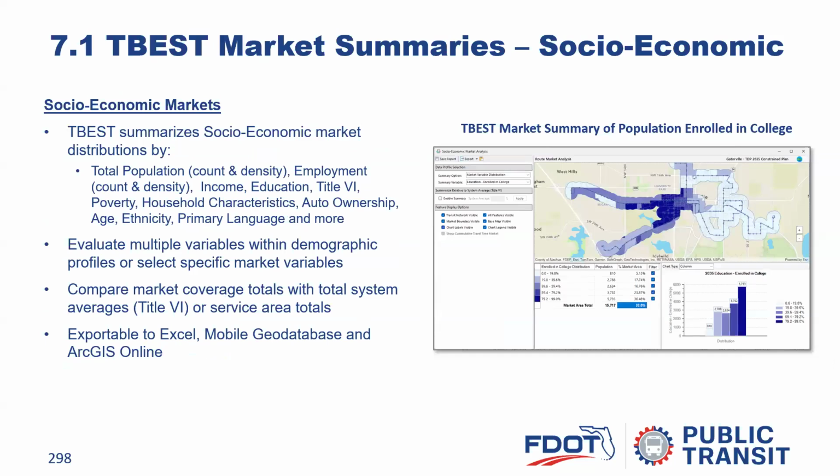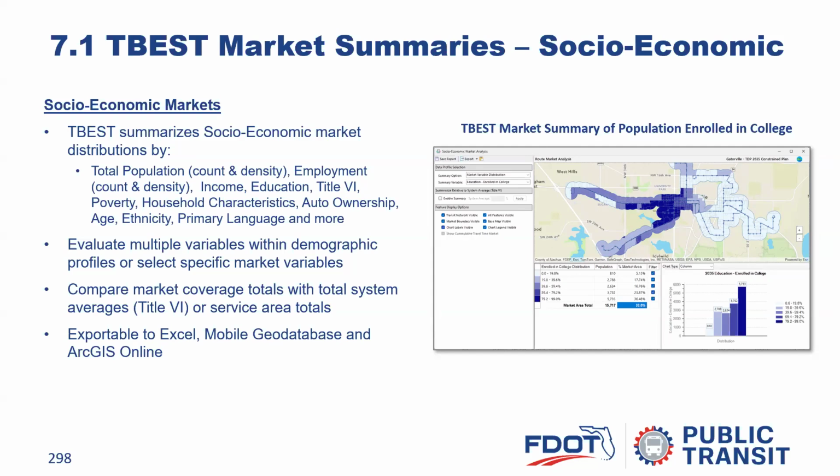All right, so let's look at socioeconomic markets. We looked at some of these variables: total population, employment, income, education, Title VI, poverty, household characteristics, auto ownership, age, ethnicity, primary language, and more. All these are groupings, and then there are specific variables inside of those groups or profiles that you can get to and show the distribution and summarize within the market analysis tool.